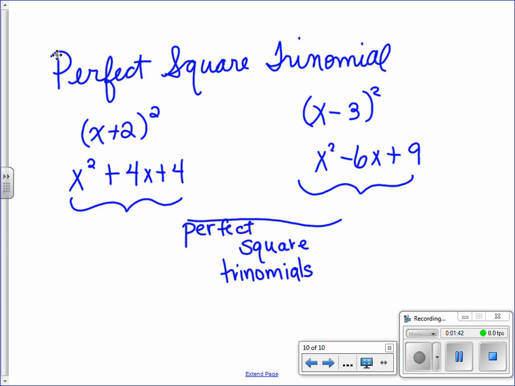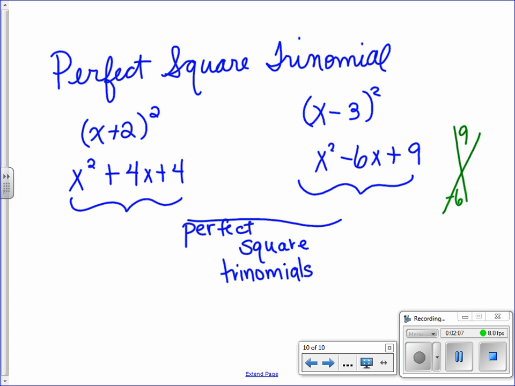Here's the thing with perfect square trinomials that is not the same with other things. If you look at that and you don't recognize it as being a perfect square trinomial, you can still factor it anyway. You can say, okay, I need two numbers that multiply to equal 9 and add to equal negative 6.